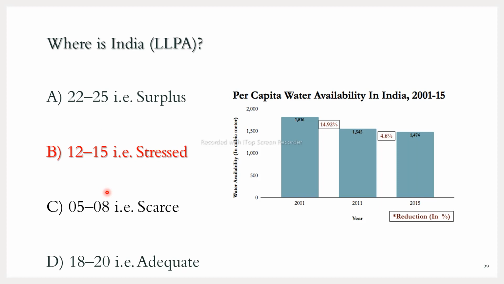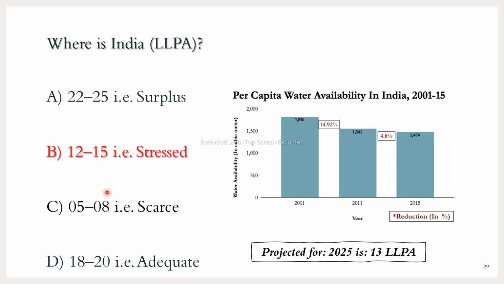It is a matter of concern that the projected per capita availability of water in India in 2025 is 13.4 LLP, or 1340 cubic meters per year.